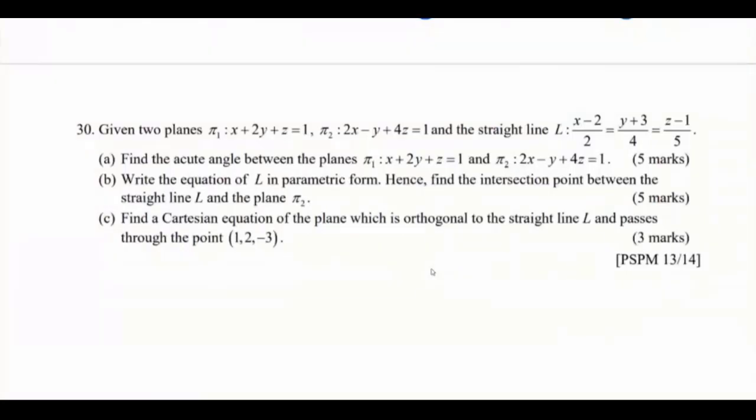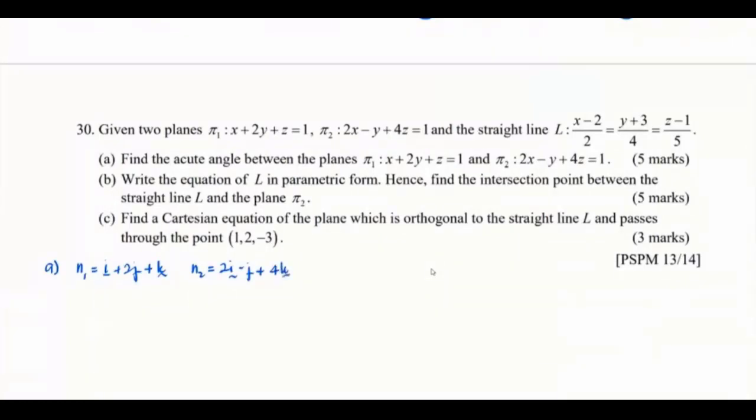Between plane and plane, we use N and N, the normals. So we have N1 which is I plus 2J plus K, and then N2 which is 2I minus J plus 4K.